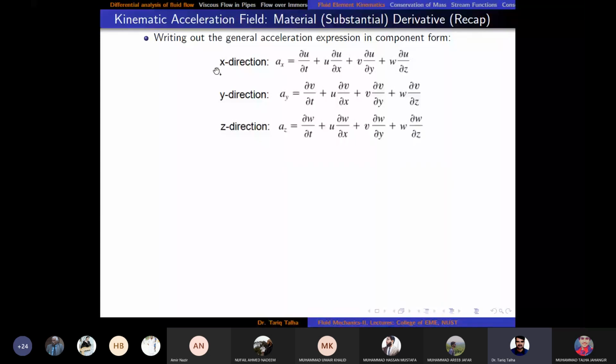So we can write the acceleration components in x, y, and z by using these relations. I hope you have learned these in chapter number 3, which was basically kinematics. I think it was chapter number 4, kinematics of fluid mechanics. So material derivative or substantial derivative. I hope these concepts are clear to everyone.